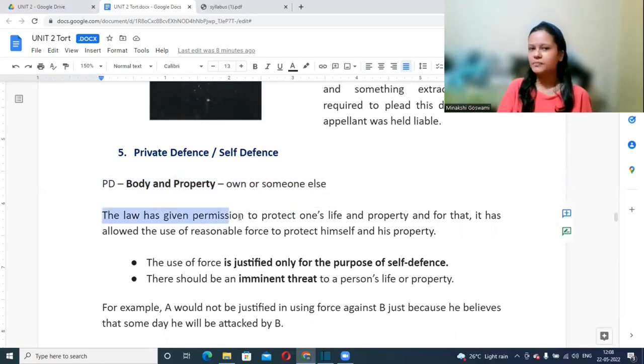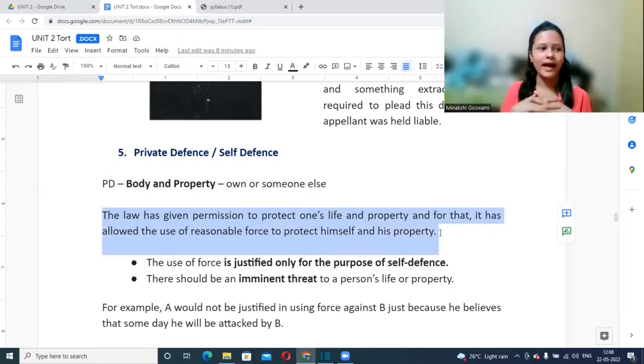So law has given permission to protect one's life and property, and for that, it has allowed the use of reasonable force to protect himself and his property. This is applicable when I am apprehending a threat, when I have a feeling that this other person is about to cause me some loss, about to harm me, about to hurt me.